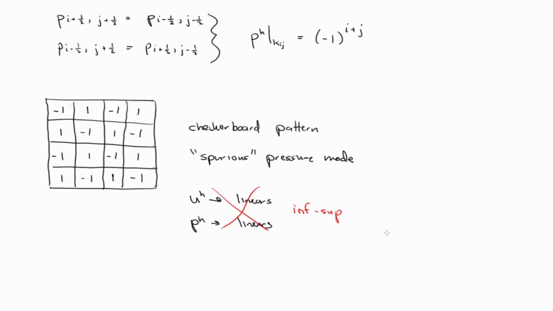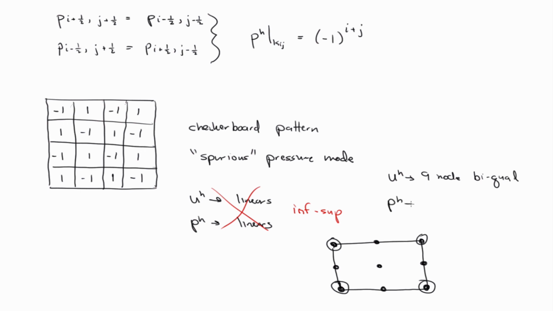So what we'll use in your next homework assignment, which will be to code this up, will be a nine-noded biquadratic for displacement and a bilinear pressure.